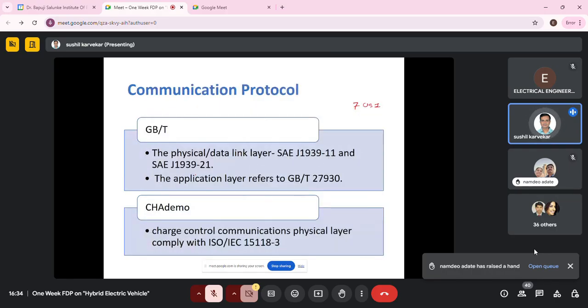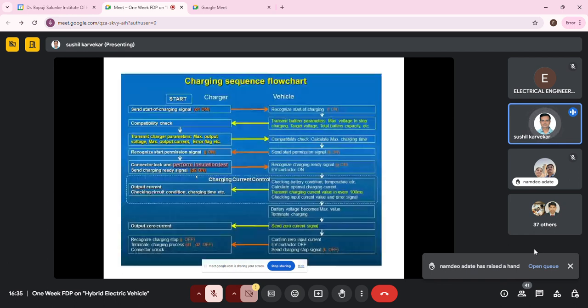The design of the sockets and the plug designs are done with the help of these SAE standards that we need to understand. In addition to that, CHAdeMO makes use of the IEC 15118-3 standard and ISO standards. Either of these standards is used.